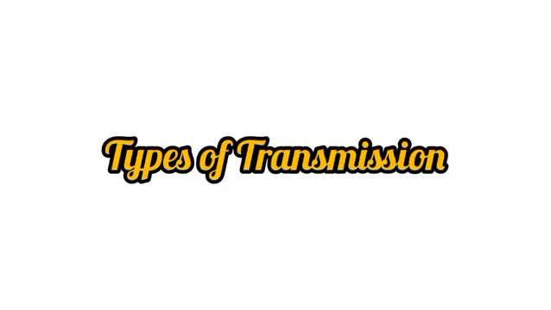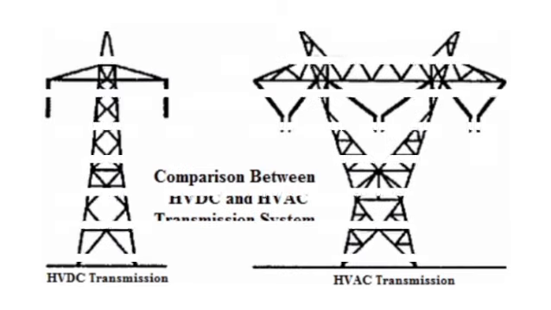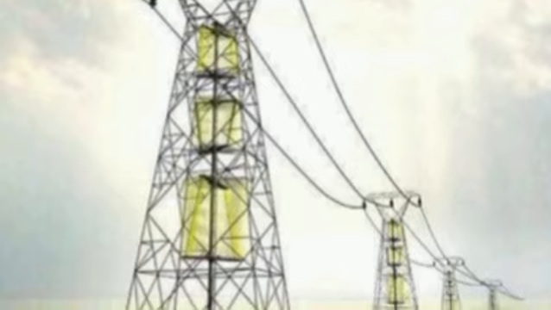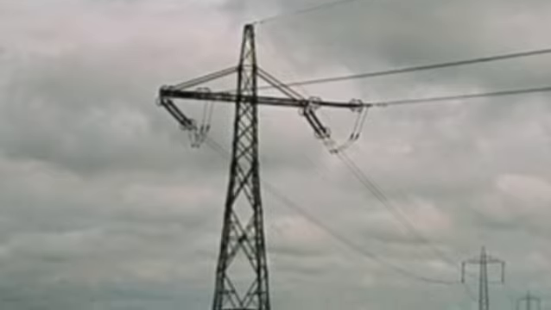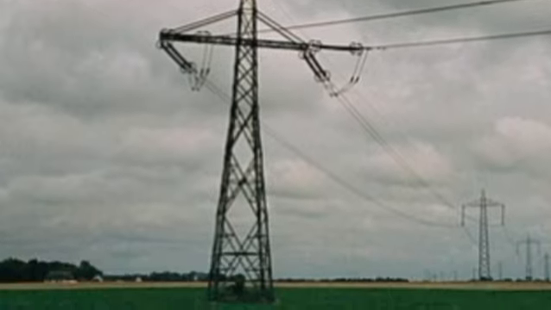Types of transmission: there are two types of transmission lines. AC transmission, HVAC, is most common and flexible. DC transmission, HVDC, is efficient for very long distances and submarine cables.